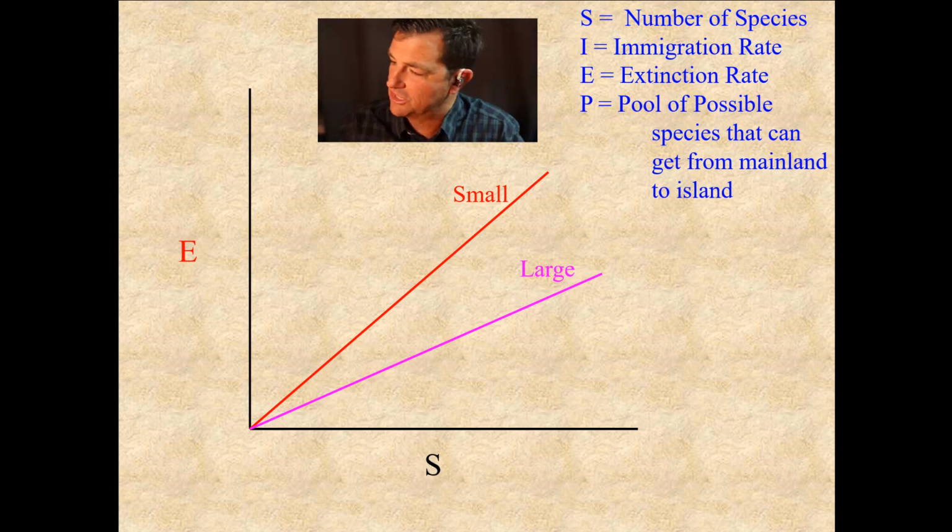And the other thing we can do is look at the extinction rate as a function of island size. Smaller islands tend to have higher extinction rates than larger islands because, once again, you usually have less habitat space and smaller population sizes, which we've already discussed before.